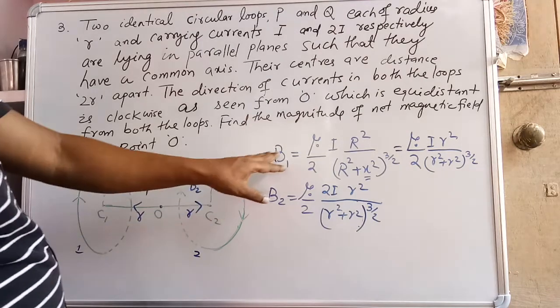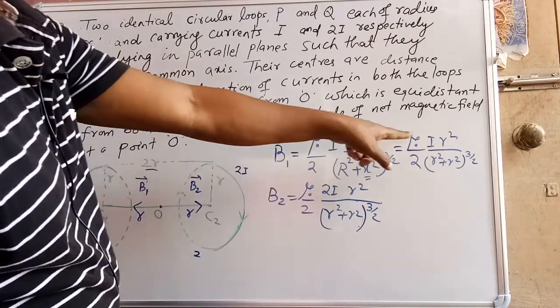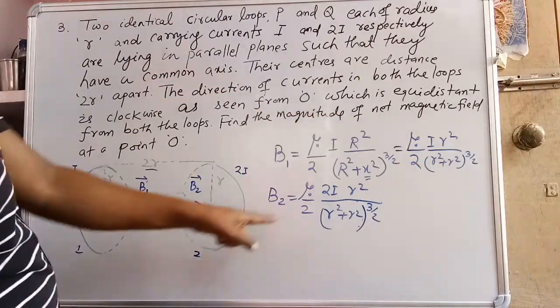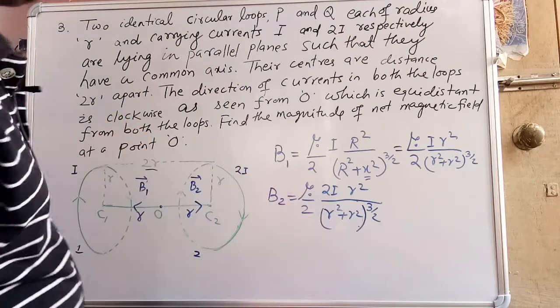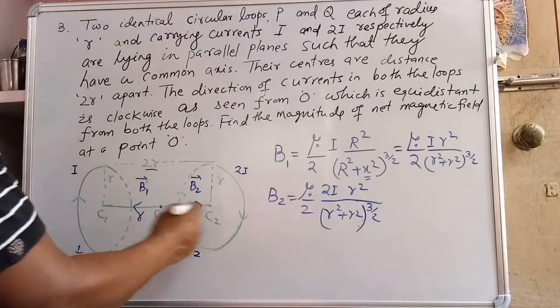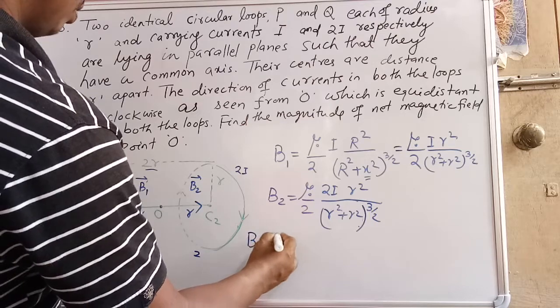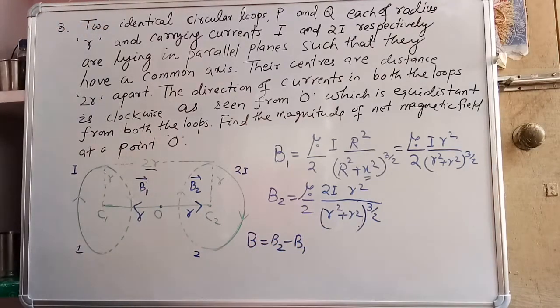What we see from the equations is that B1 is mu naught by 2, I r square by (r square plus r square) to the power 3 by 2, and B2 is mu naught by 2, 2I r square by (r square plus r square) to the power 3 by 2. So B2 is greater than B1, so the net magnetic field will be towards right, and the magnitude of B is equal to B2 minus B1.